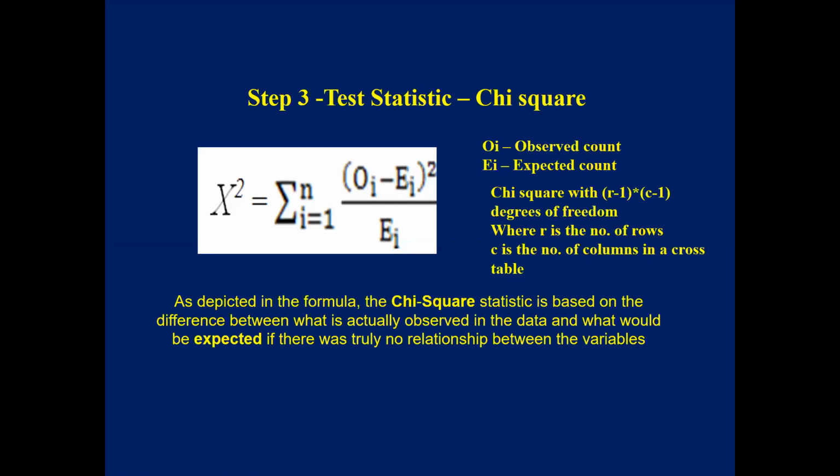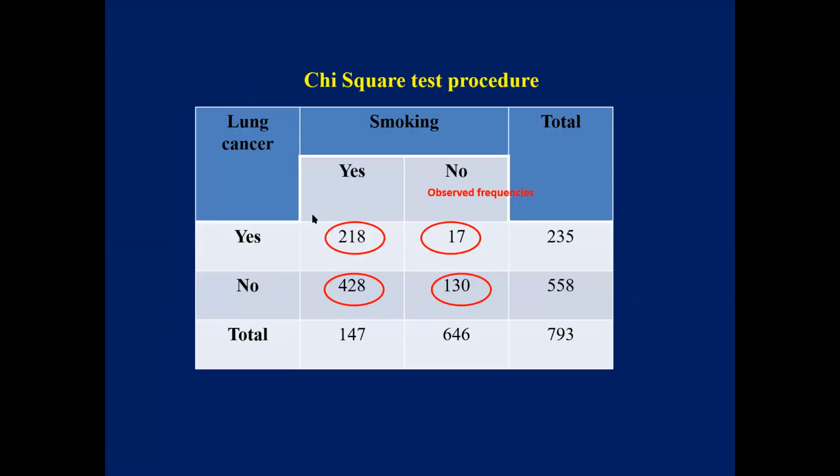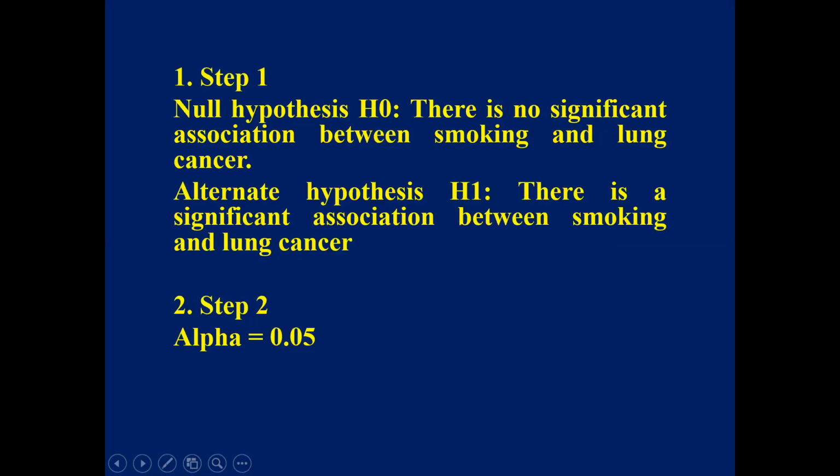So if truly there was no relationship between lung cancer and smoking, then what would be the numbers in these marked cells? That's called expected frequency. Suppose there was truly no association, then what would have been the values? That is called expected frequencies.